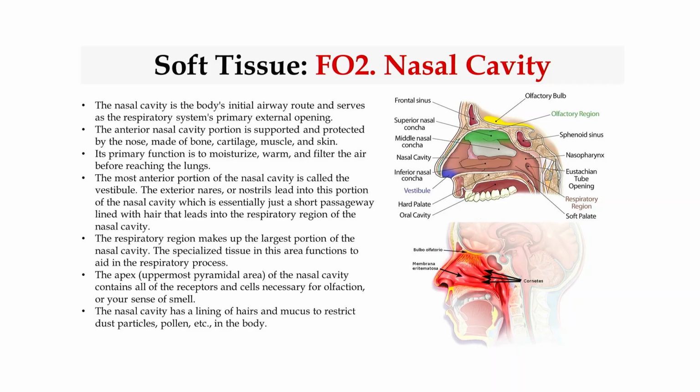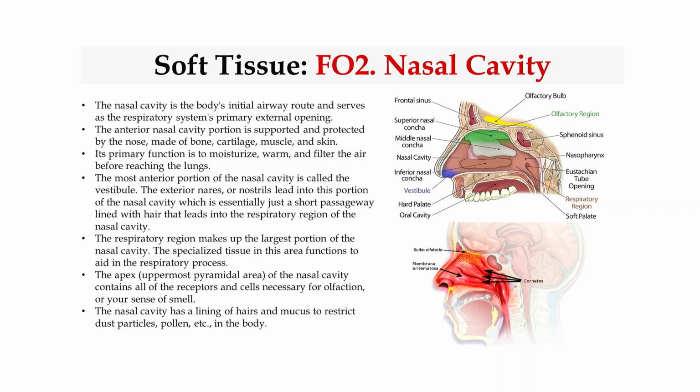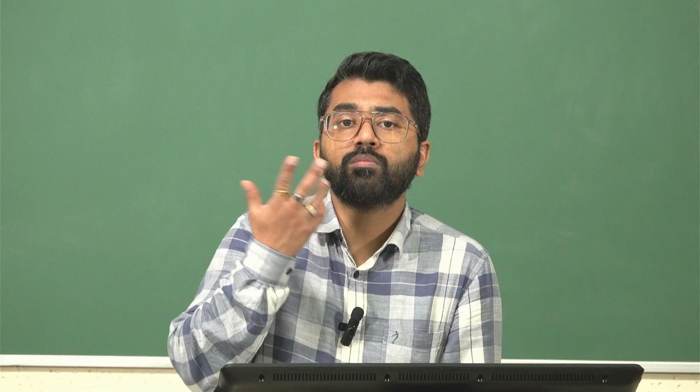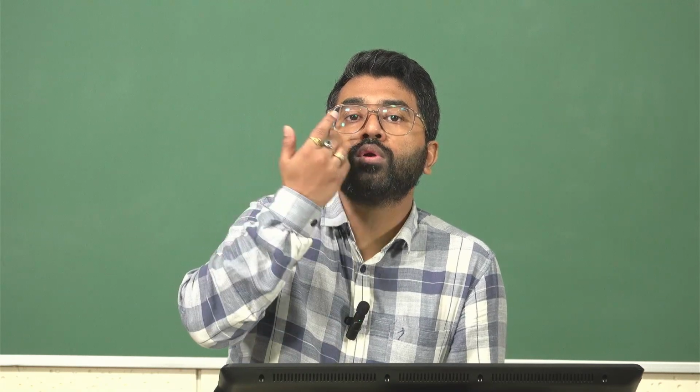So the nose is not only for breathing, it gives us the sense of smell. The nasal cavity has a lining of hairs and mucus to restrict dust particles, pollens, etc. in the human body. So those hairs and mucus are not just for the sake of it. If we get our nose entirely clean, that's not a very good idea, right? Then we are basically not having any filter at all for the air which is going in.